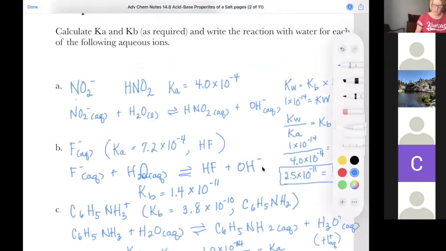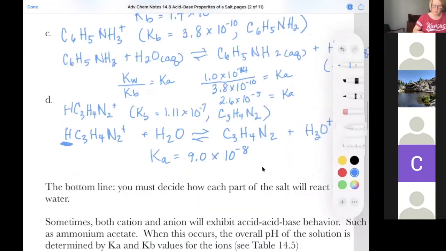Here's the NO2 ion of the sodium nitrite, because remember, sodium is an alkali metal, so it's not going to affect the pH. It's only going to be the NO2 here. So the NO2 reaction that we wrote in the beginning is the reaction that we want to begin with.